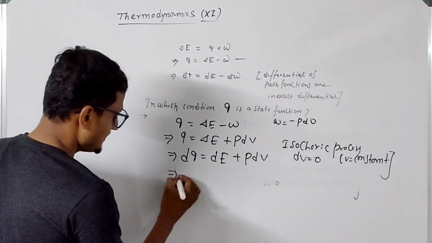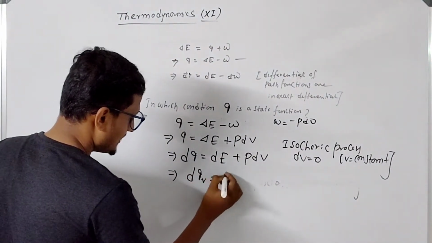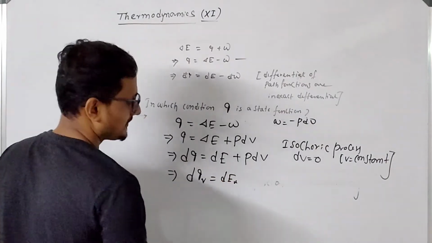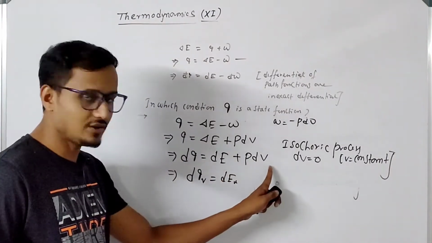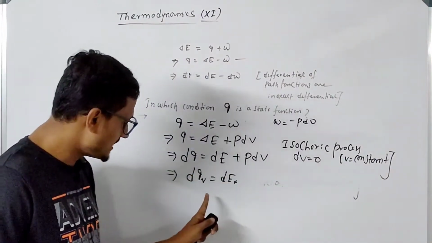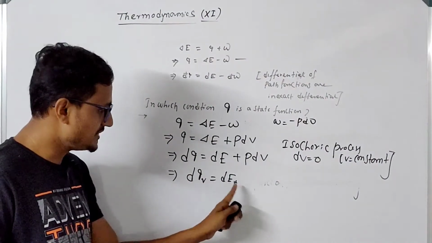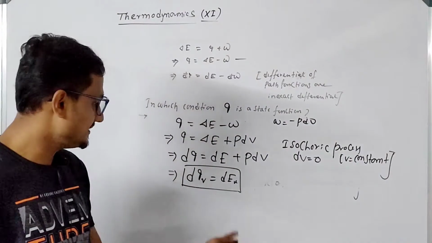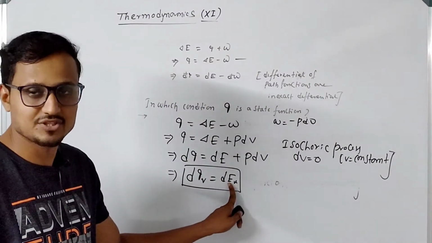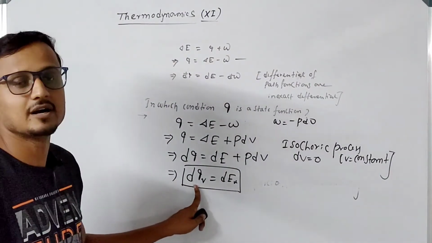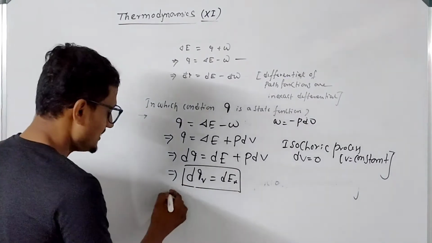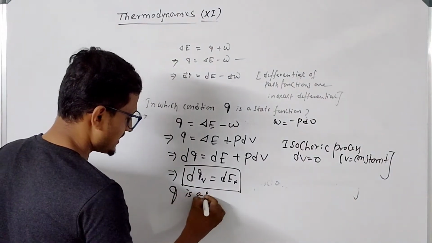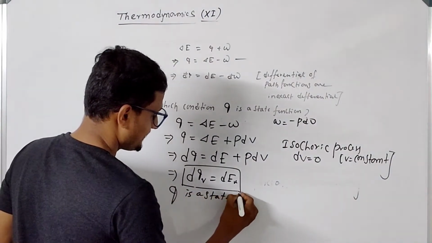So you can write here dqV equal dEV, because dV is 0. So at constant V we can write it abbreviated as dqV equal dEV. Okay. So again this E is internal energy, which is a state function. So dq becomes a state function. So from here Q is a state function under this condition.